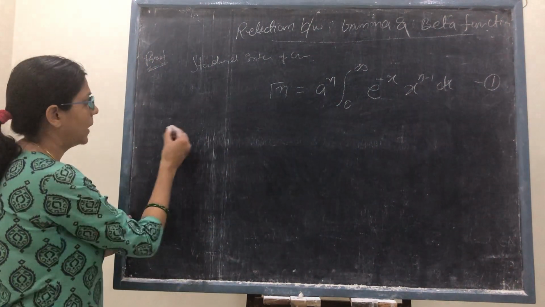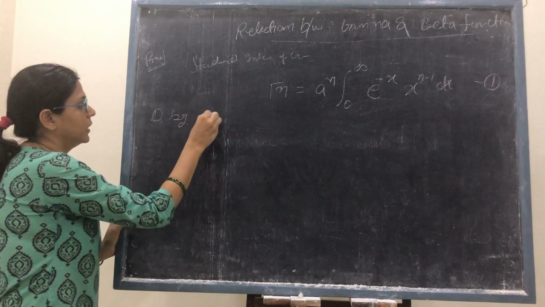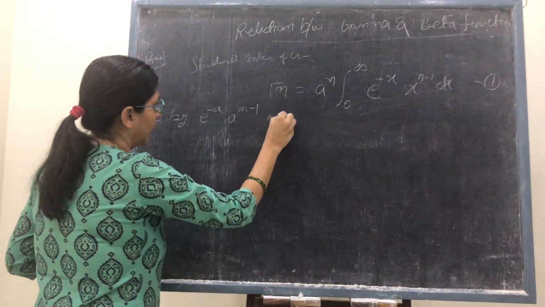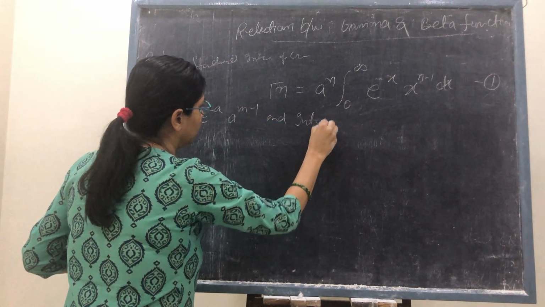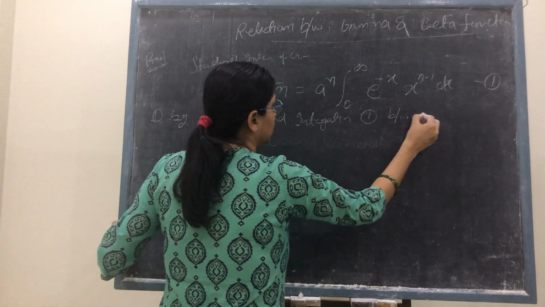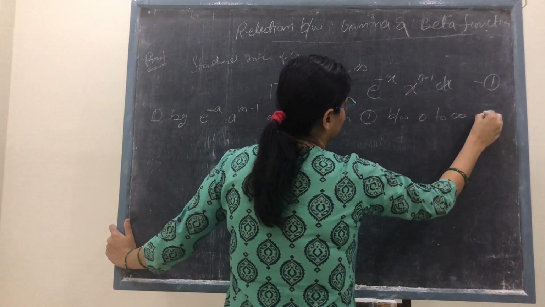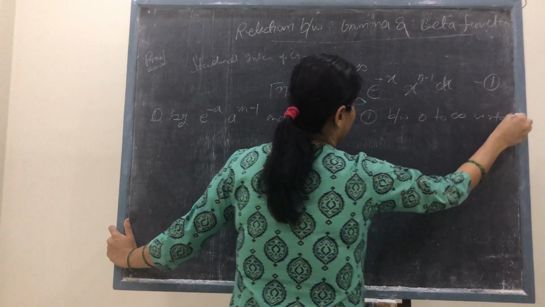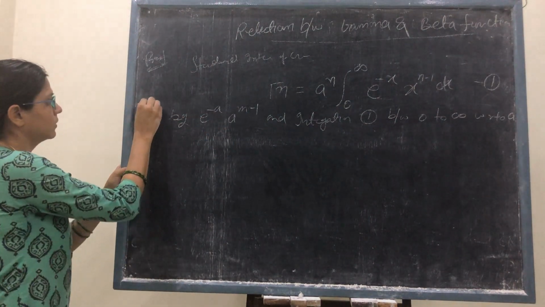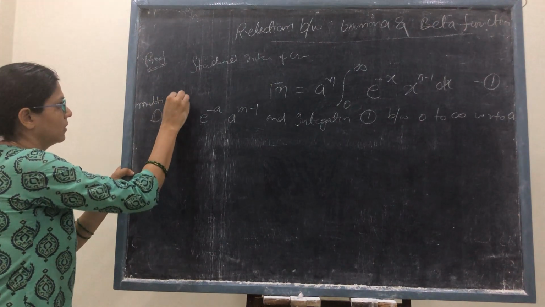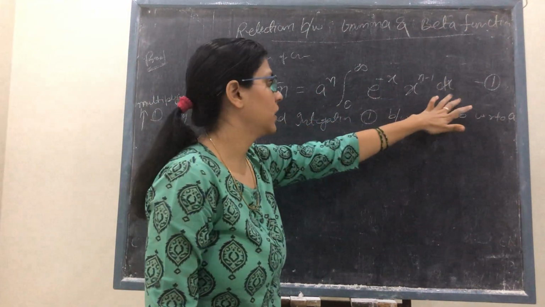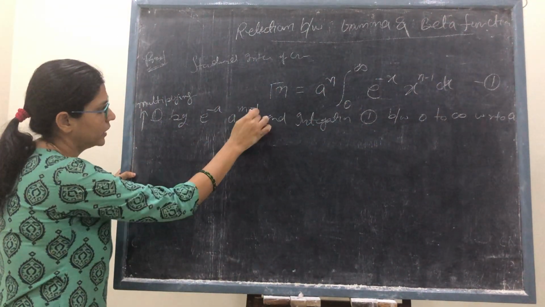Now here, multiplying equation 1 by e raised to the power minus a, a raised to the power m minus 1, and integrating between 0 to infinity with respect to a. So what should we do here? First of all, we multiply equation 1 with e raised to the power minus a, a raised to the power m minus 1.